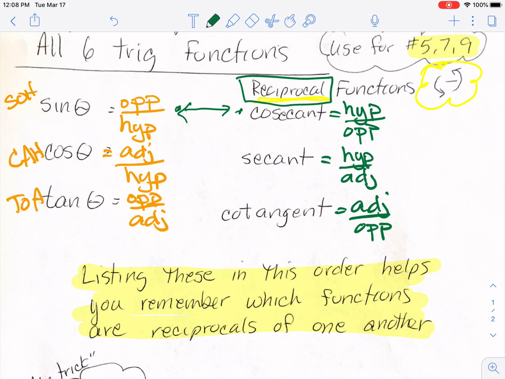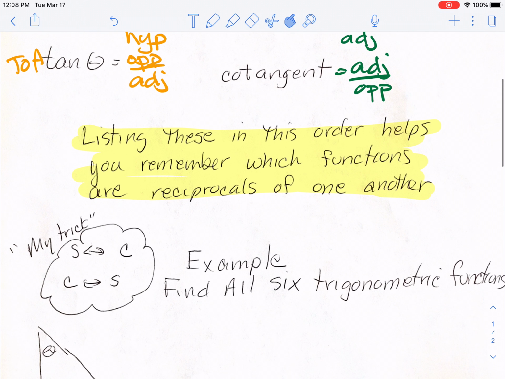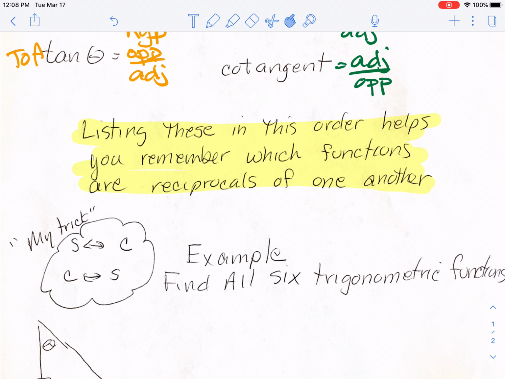So I just memorized the first 3, and then I have to remember that sine goes with cosecant, and that's really, I think, the only tricky part, because cotangent, tangent, those go together. That seems kind of obvious. So here's my silly little trick.